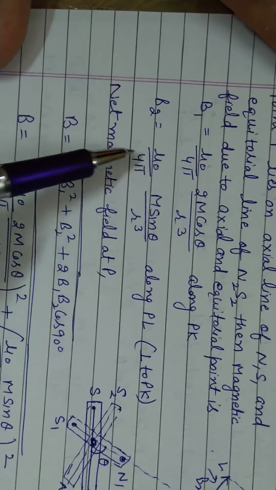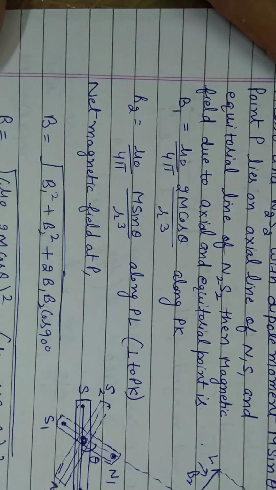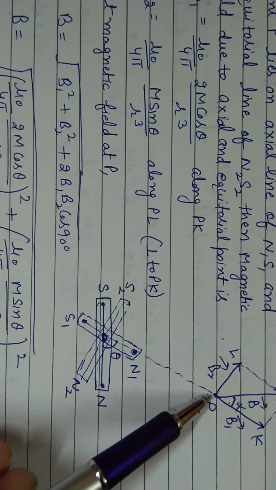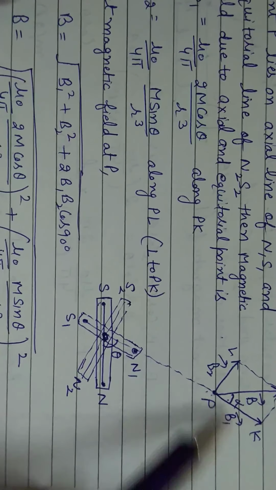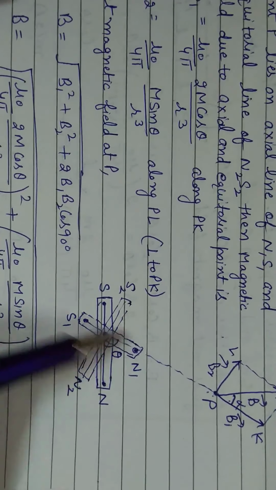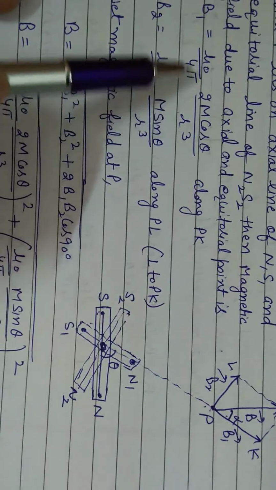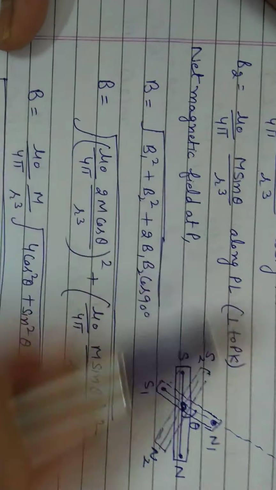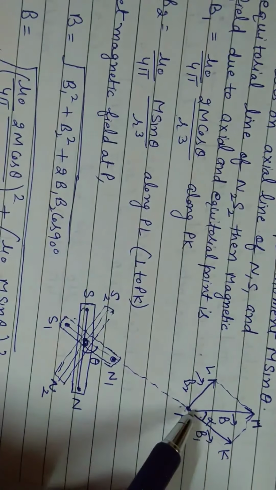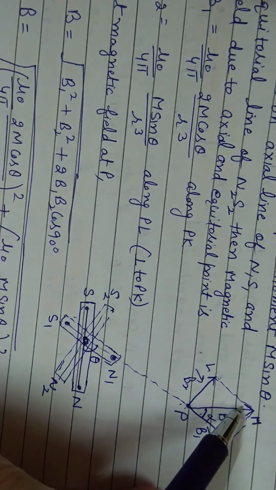And we have the formulas for short dipoles, because here we consider that the observation point is on the axial line of S1N1, and for the short dipole we use this formula. For the short dipole on the equatorial line, these two are perpendicular, so by the parallelogram law this is the direction.